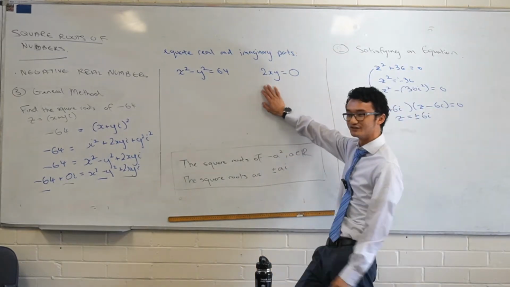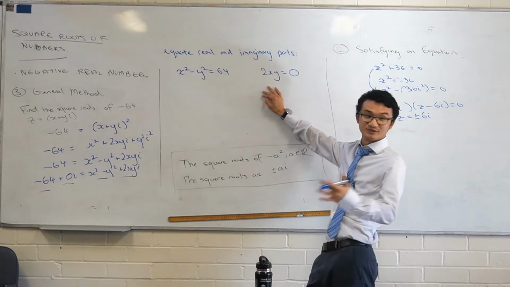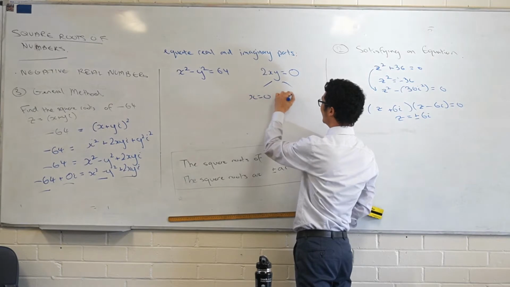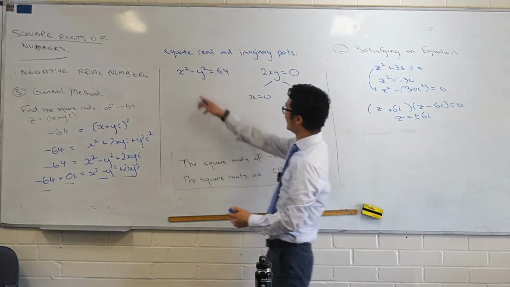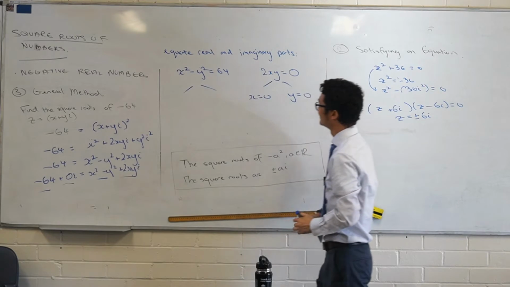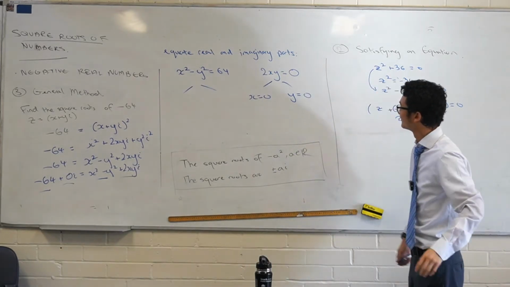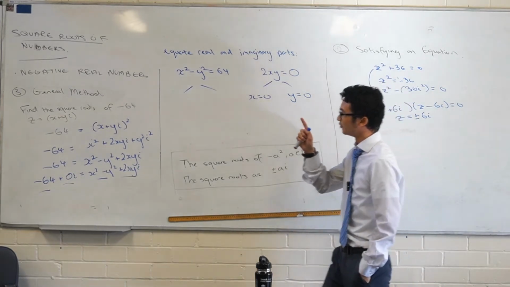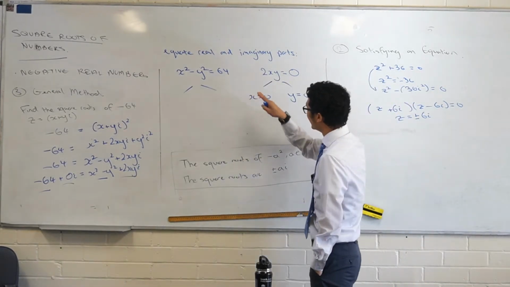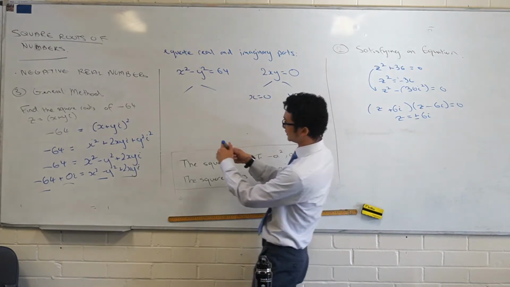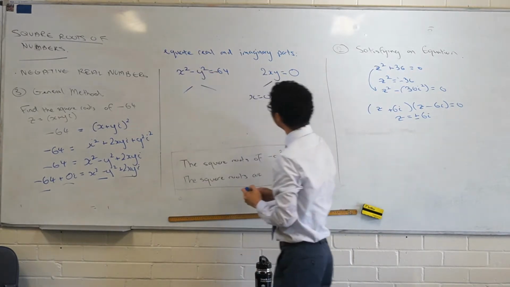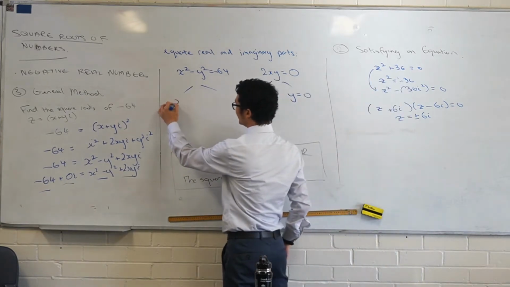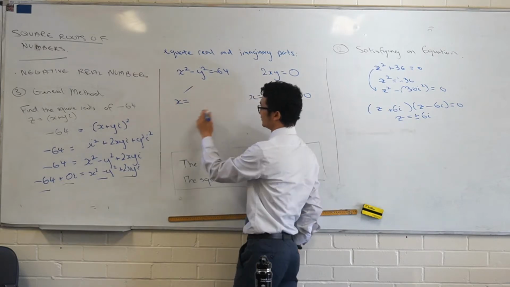How would you do this? Normally you do potentially substitution, right? You could say x is equal to 0 or y is equal to 0. And if you do that over here, what do you get? I'm actually going to show you this very clearly because there's something very important that I didn't write over here. Sorry, this should be negative 64. Let's take x is equal to 0.